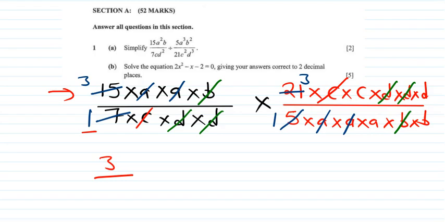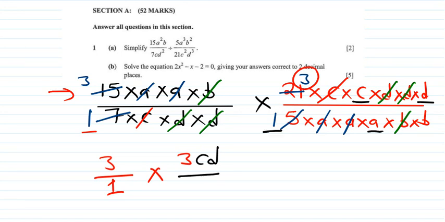Everything is gone, so 3 over 1 multiplied by, there on top we've got 3, and then we've got 1c remaining and 1d, so that will just be 3cd, and then over there's a 1, a and b, so that is just going to be 1ab. 1 is not shown, we'll just say a multiplied by b.